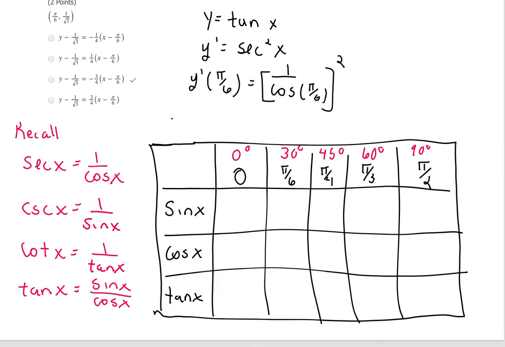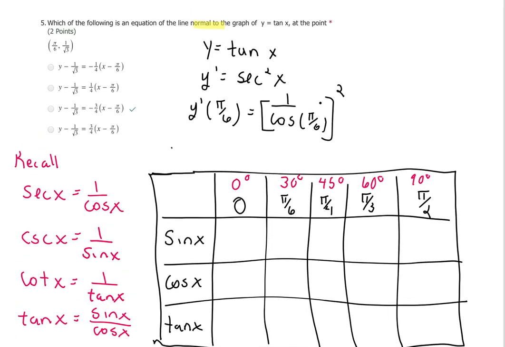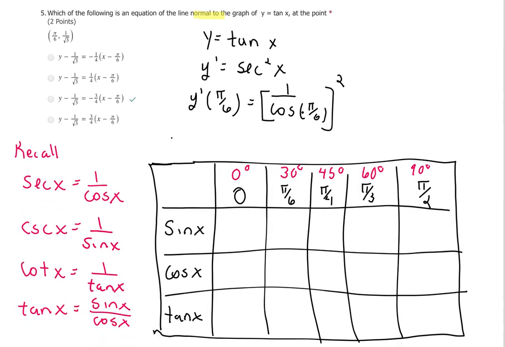The pattern is as follows. Let's see, what color did I use for sine? Blue. So I'll keep it in blue. The pattern is as follows. If you can remember this, you can always remember these special angles really quickly. Here's how you figure it out. You go 0, 1, 2, 3, 4. Take the square root and divide by 2.